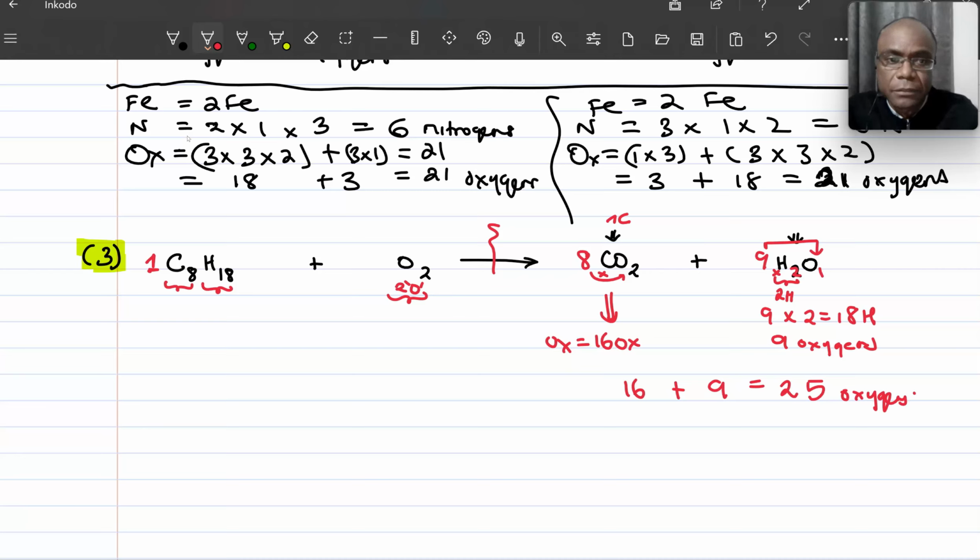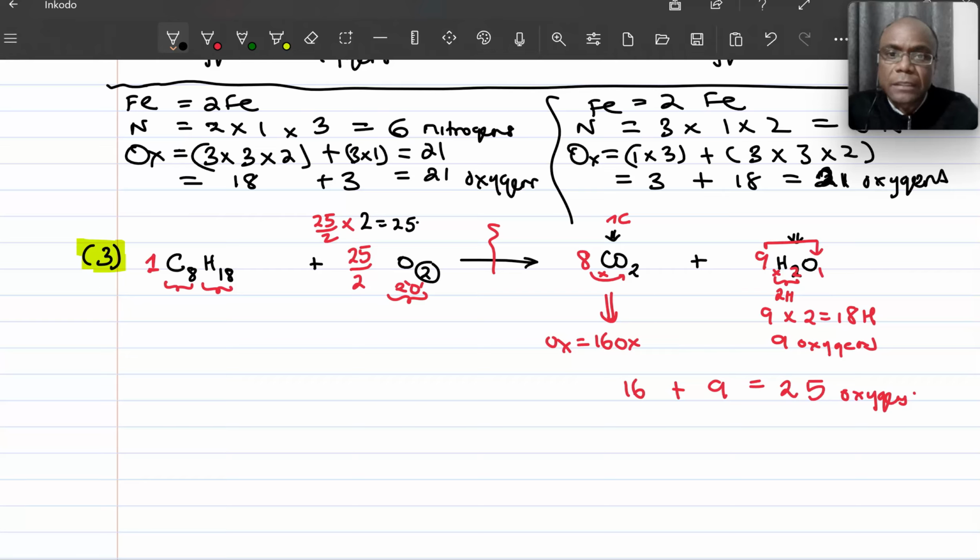Now, is that going to help me? Let's see what we'll do. So I have 16, I have 9. Now to balance this off, I need 25 oxygens on the left, so this one will have to be 25 over 2, because if I do 25 over 2 times the subscript, it's going to give me 25 oxygens.